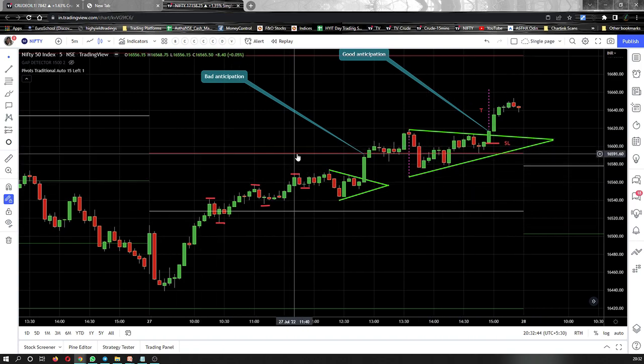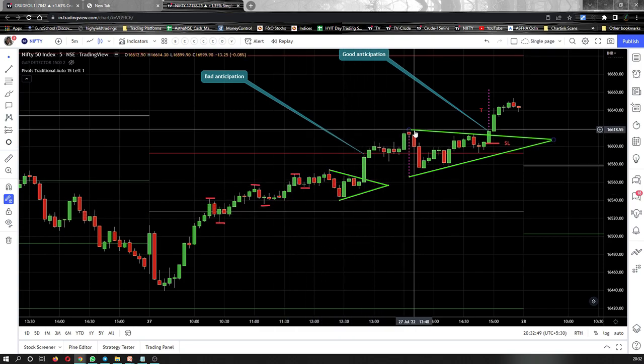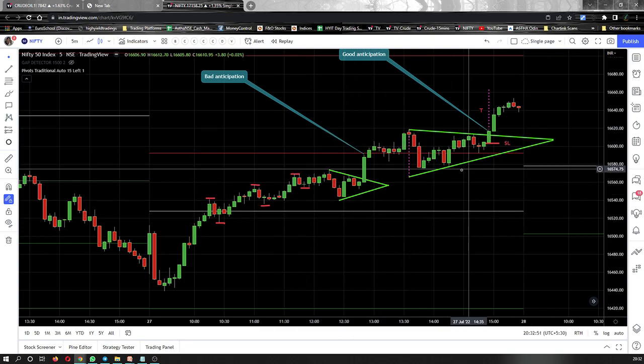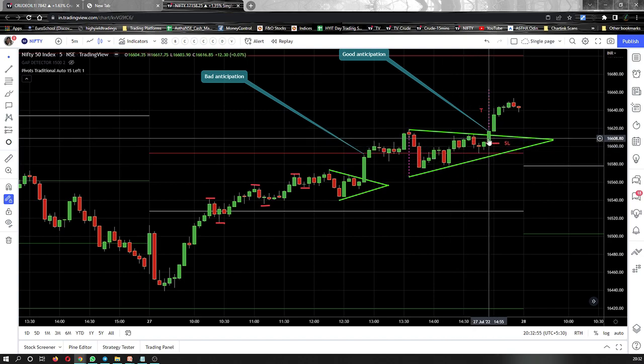The stock is in an uptrend because it is making higher highs and higher lows, and then a symmetrical triangle is formed here. After some time the upper trend line of the symmetrical triangle was breached, at around 2:55 p.m. Once the upper trend line was breached, that is the first confirmation that the stock might go up even further.